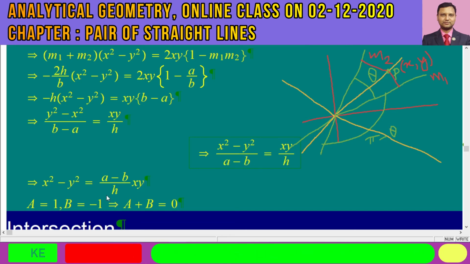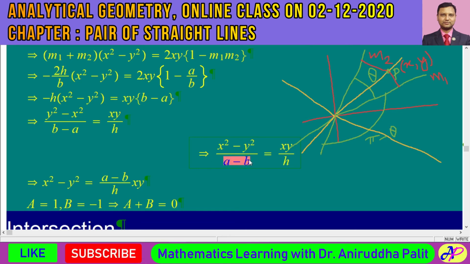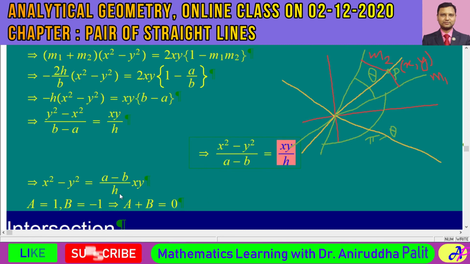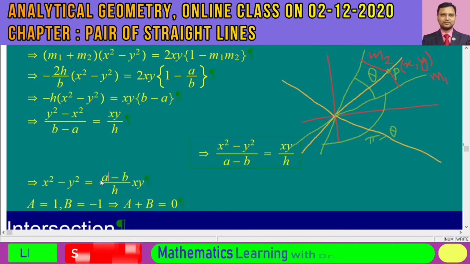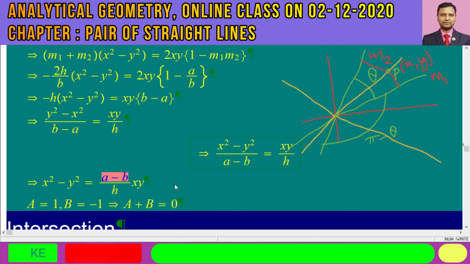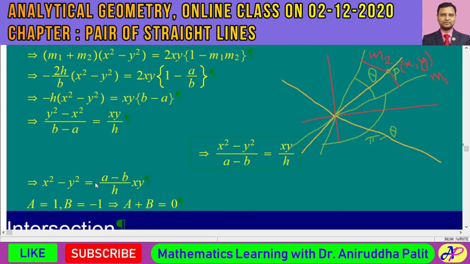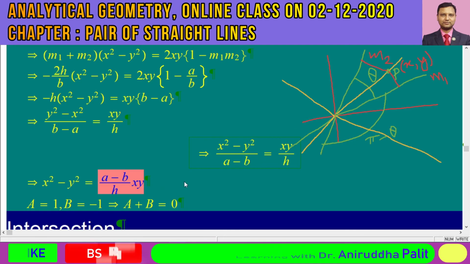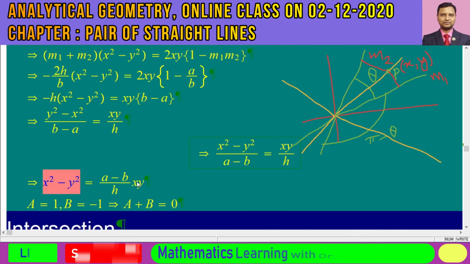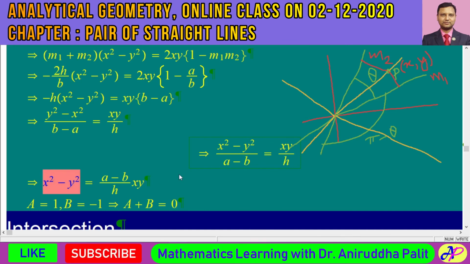In that case, we should just multiply this expression by the right hand side. Then this expression can be written in this way, that x square minus y square is equal to a minus b divided by h, and if a becomes equal to b, then this expression becomes equal to 0. The right hand side becomes equal to 0, and therefore in that case x square minus y square would be equal to 0, or x is equal to plus minus y would ultimately appear.